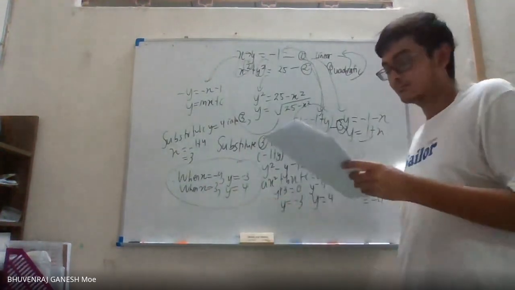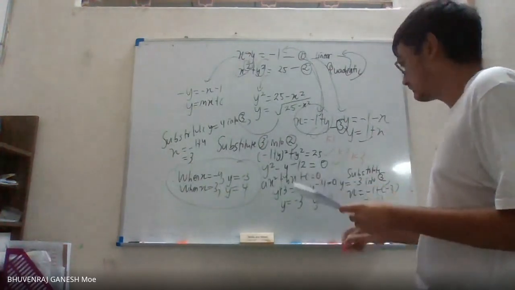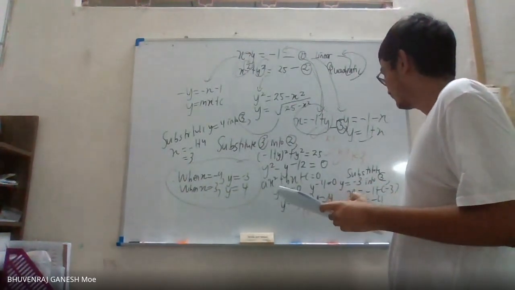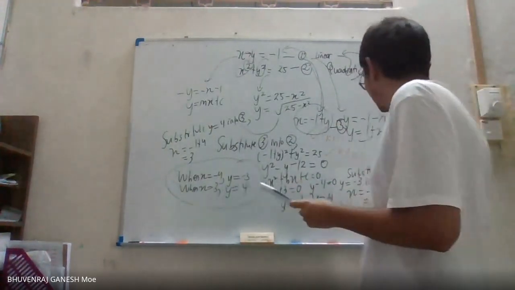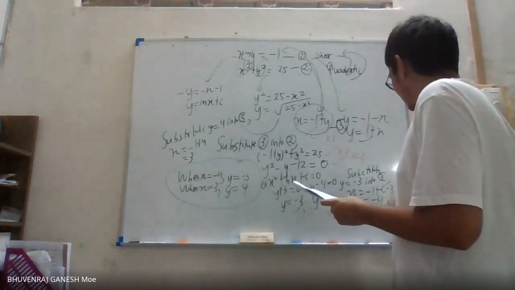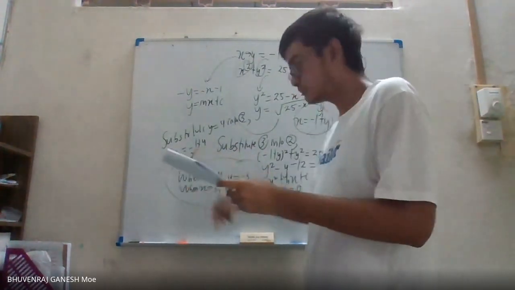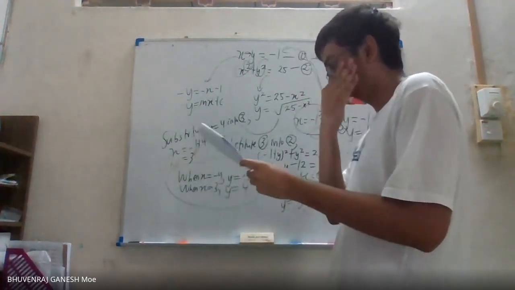That's how you address the question: K1, K2, K3, and then this is your answer, either x values or this one. And then that is it. 6 marks.